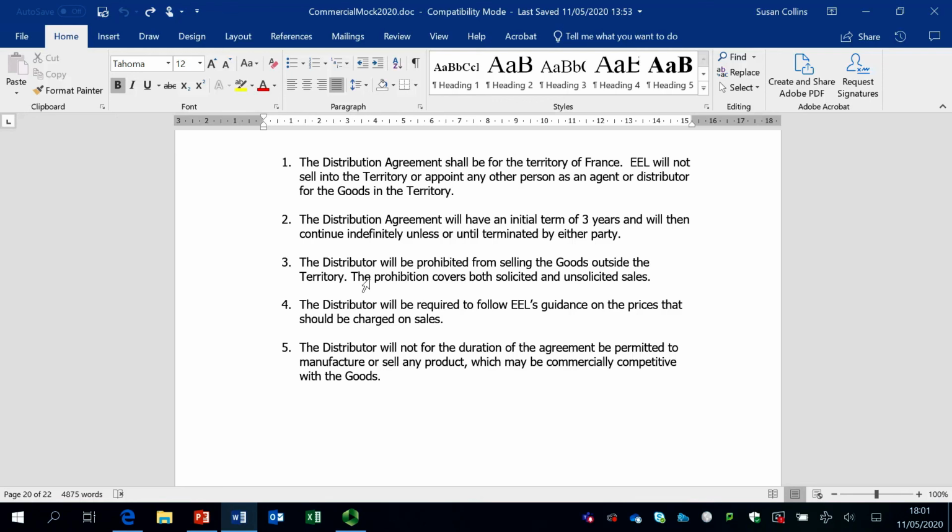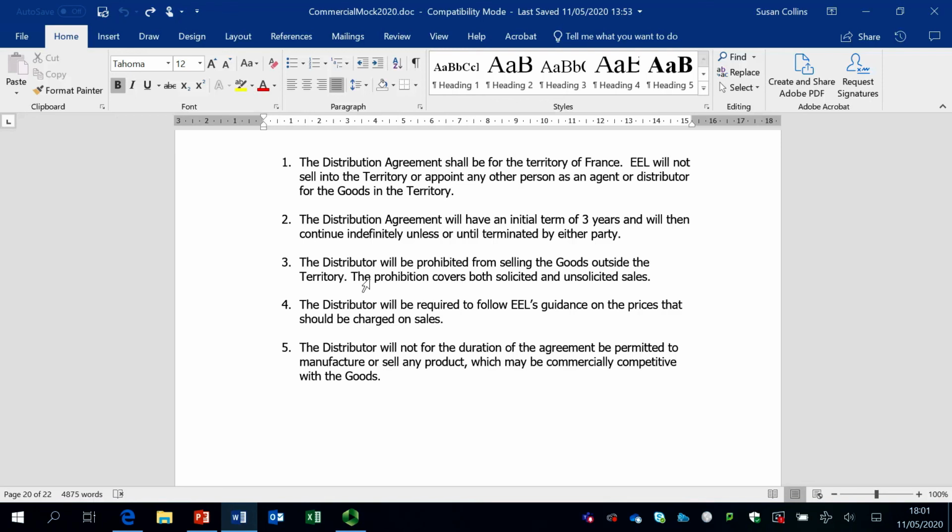The only restriction that's allowed is on active selling, so going looking for customers in territories that you've reserved either to the manufacturer or someone else. So all you're allowed is to restrict active selling into territories that are reserved either to the manufacturer or to another distributor. If you go further than that, then it will render the whole agreement void, potentially.